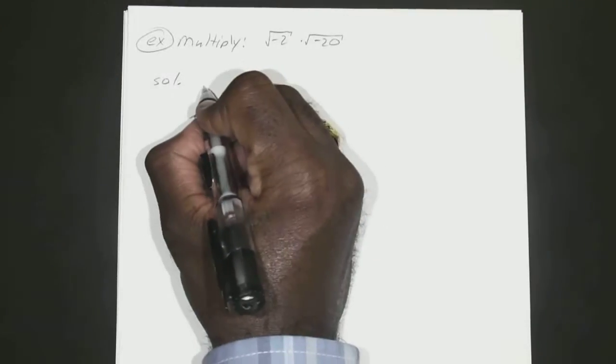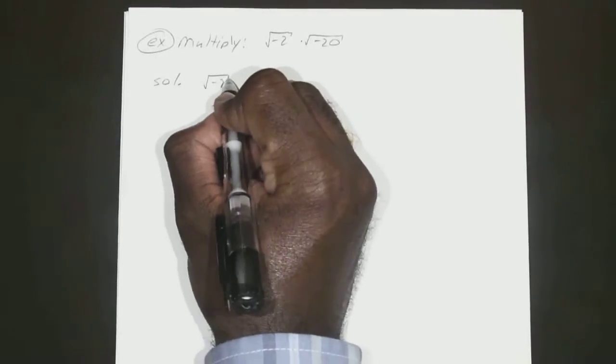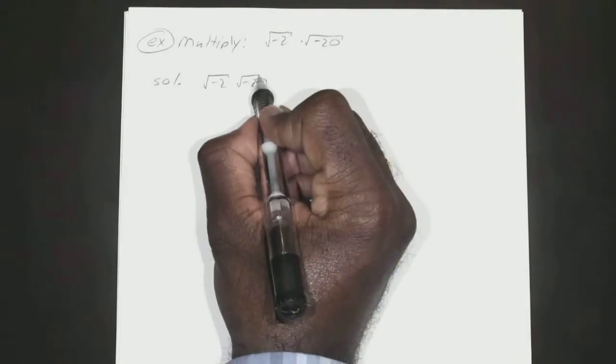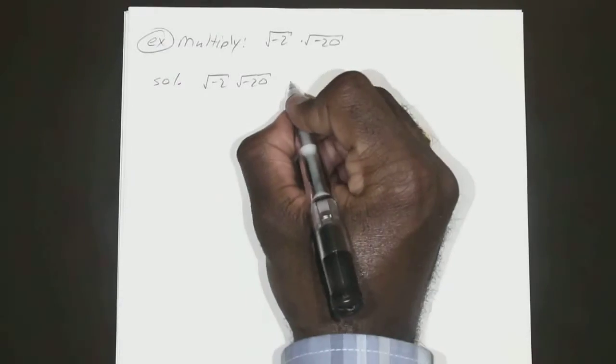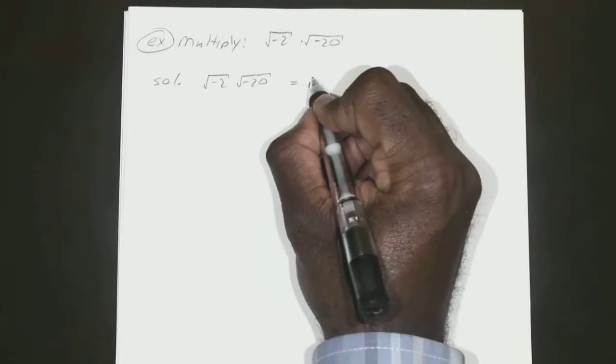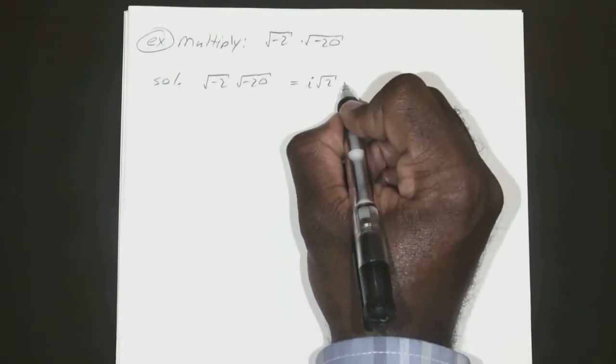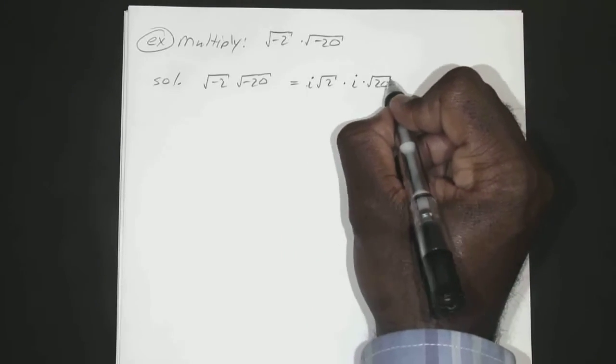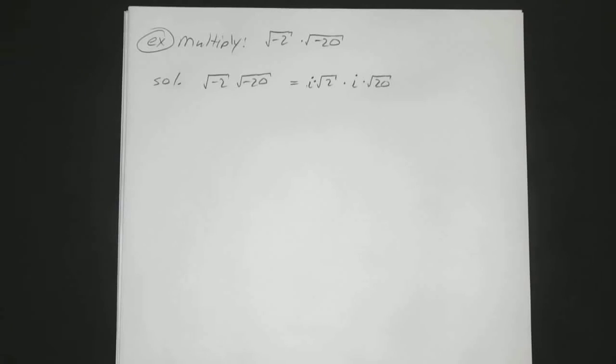Okay, so just like before, our square root of negative 2 times square root of negative 20, bring that over a little more, we can just make that I square root of 2 times I times square root of 20. So everything's just multiplied.